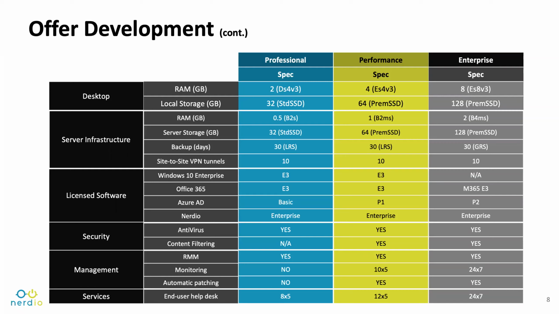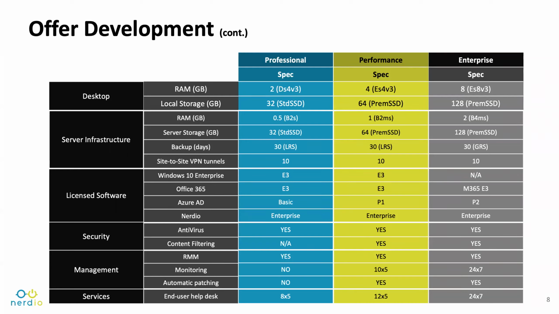It comes with Office 365. Whereas on the performance plan you get Premium Plan 1, and on enterprise you get Premium Plan 2, which gives you additional security features like conditional access and other security features that come with Azure Active Directory.